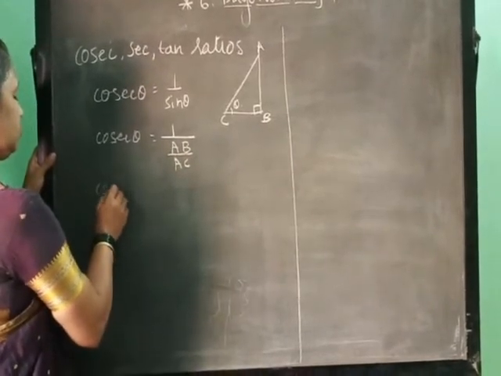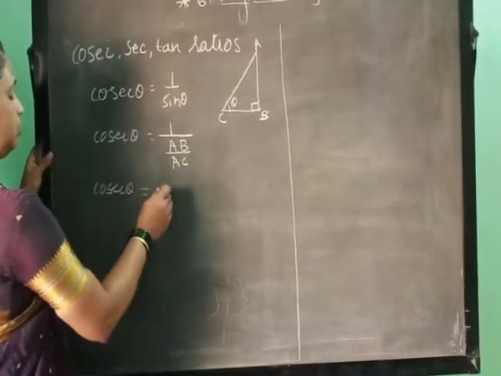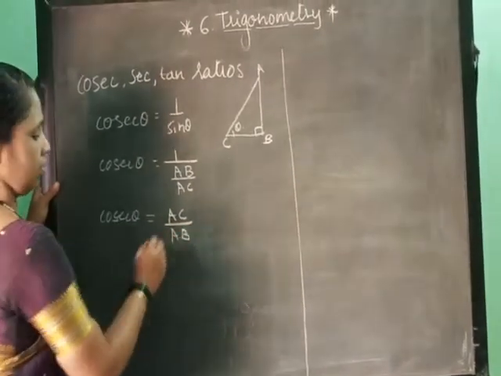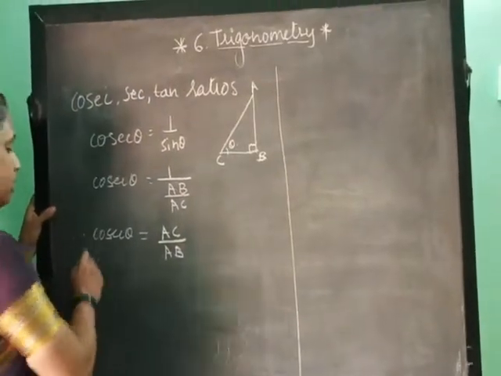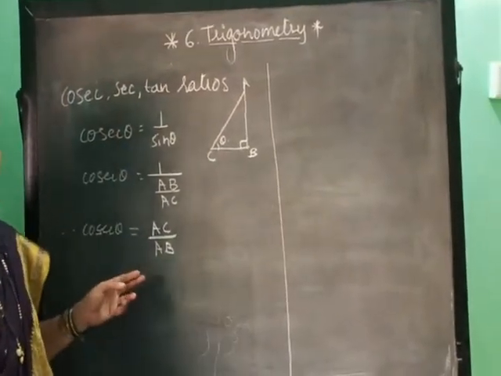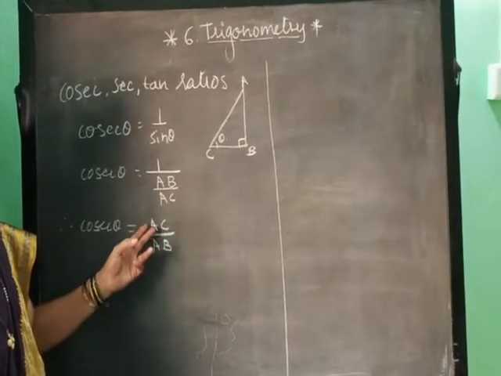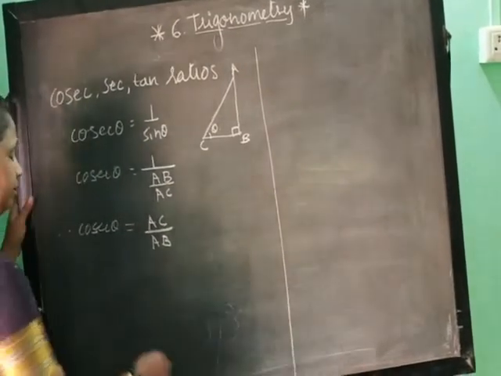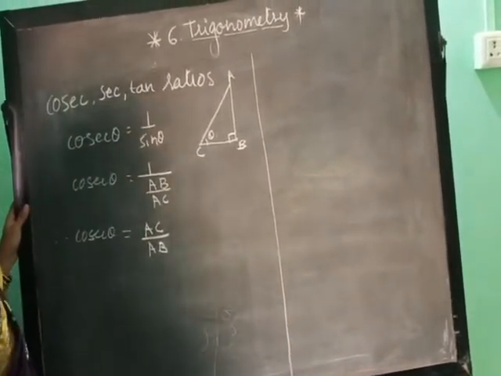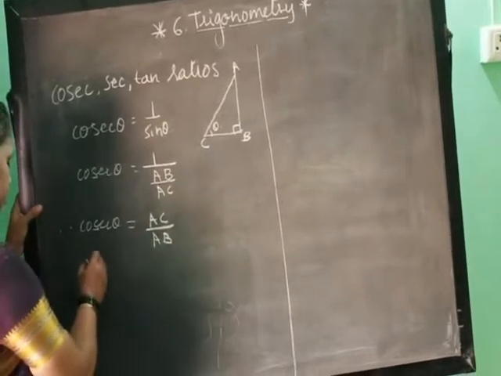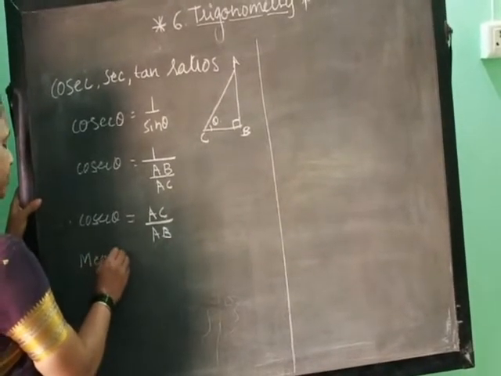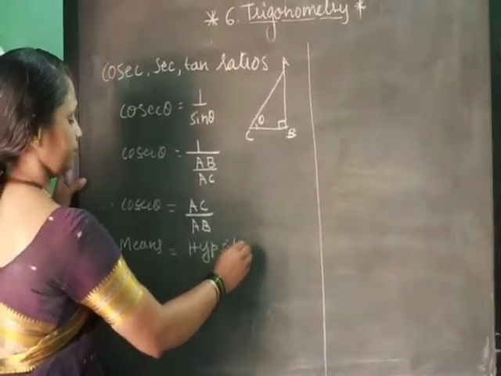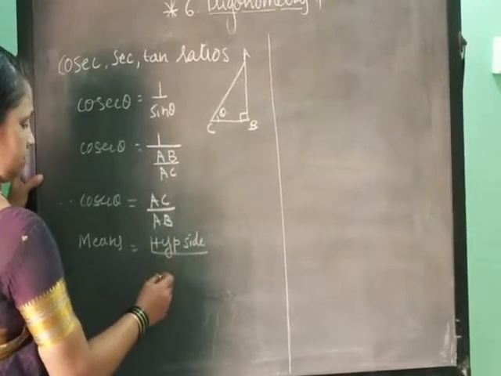Means cosec theta is equal to hypotenuse upon opposite. Okay, therefore cosec theta is equal to hypotenuse upon opposite side. Okay, means AC upon AB. Now next we will see what we can write here, means hypotenuse side upon opposite side.